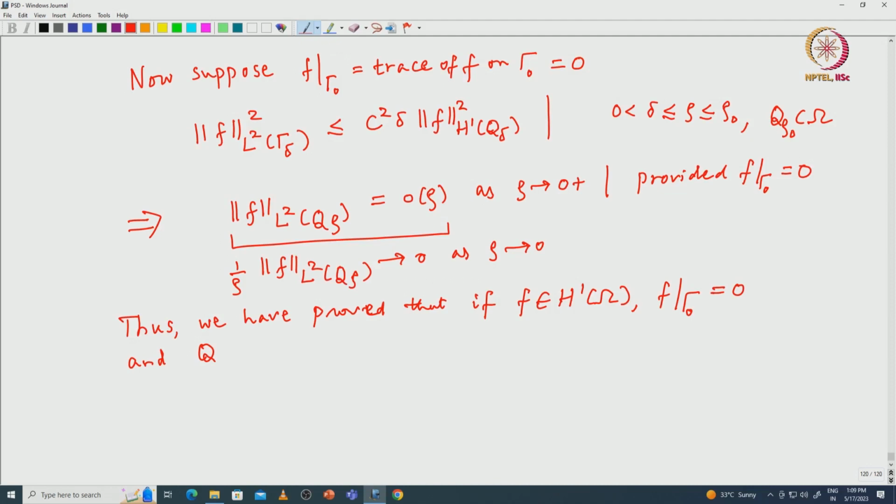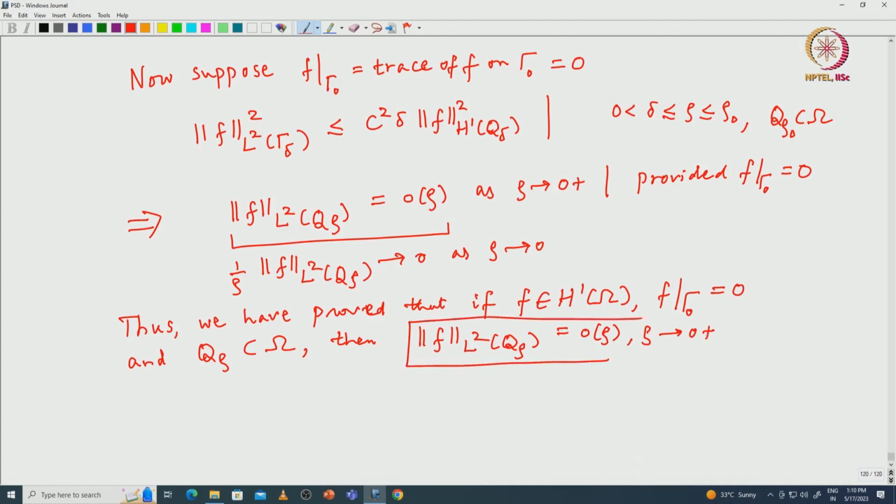Q rho is contained in omega, then the L2 norm of f on Q rho is little o of rho. This is the important observation, and we have made use of this vanishing of the trace.